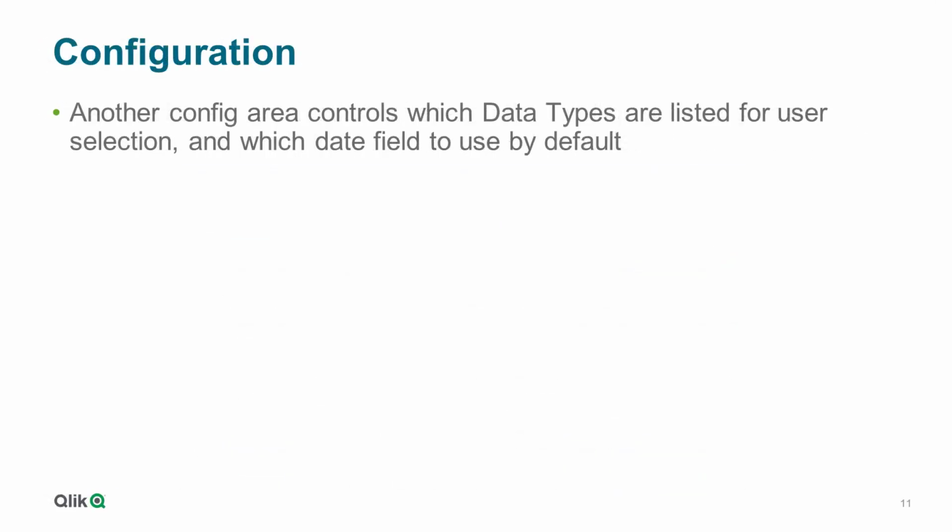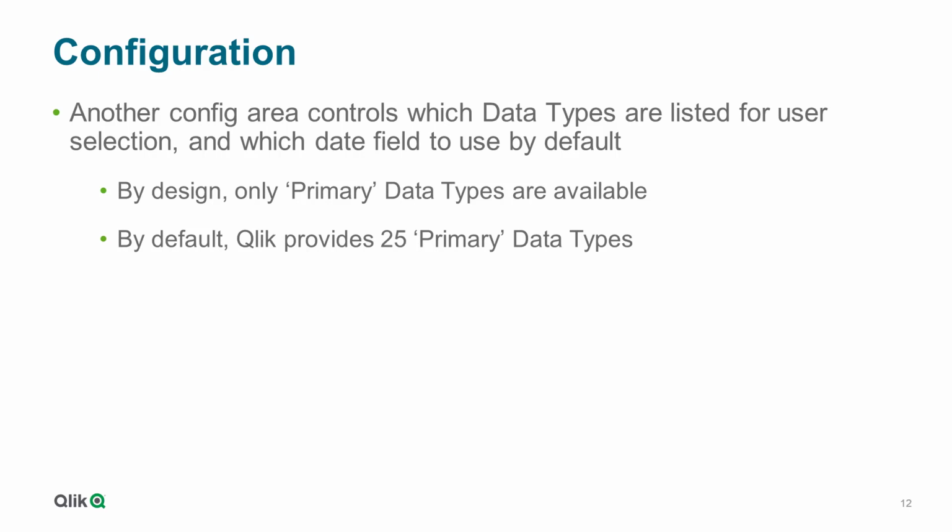The second config area controls which data types are available for user selection and which date field is used by default. Intelligent Slice is intentionally designed so that only data types defined as primary are available for selection. And it's worth mentioning that Qlik provides around 25 primary data types by default, and that customers can make additional changes in this area as needed.